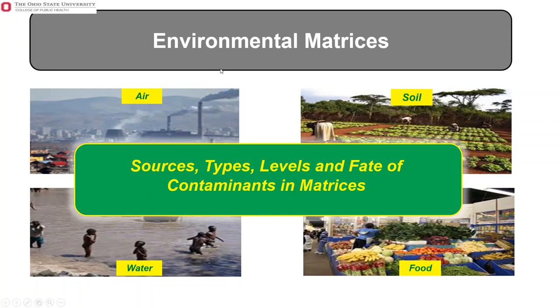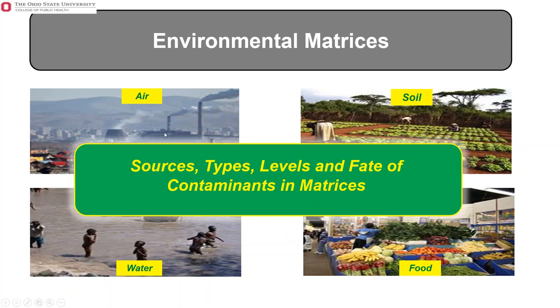So this diagram shows you 4 major categories of environmental matrices: air, water, soil, and food. And a little later, I'll give you some specific examples relative to air, water, and food. And I won't be covering soil.